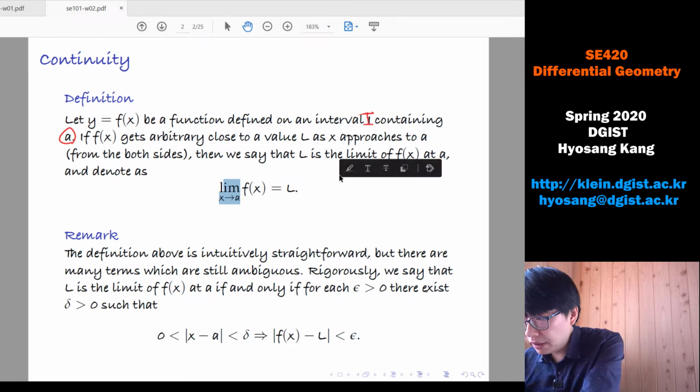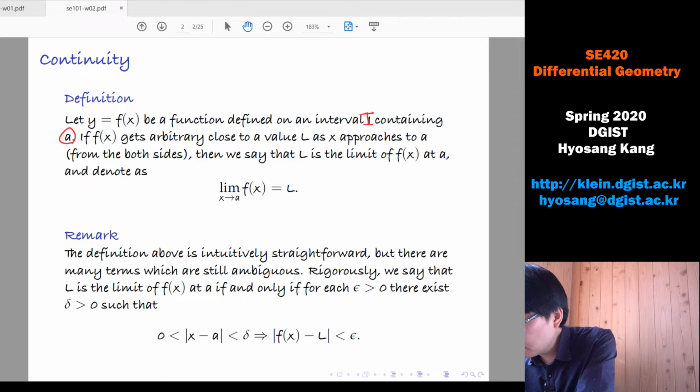If f(x) gets arbitrarily close to a value L as x approaches a, I think there's a typo here, you have to put a comma here. Sorry, I made a mistake. This is not the letter a, this is the math symbol a.